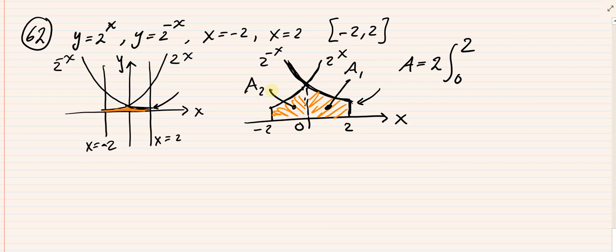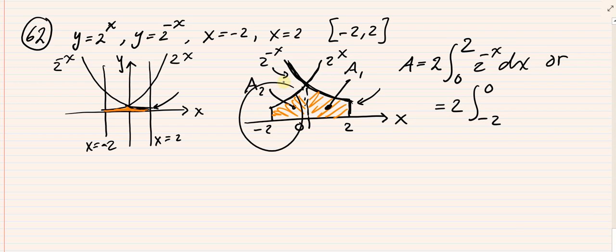Okay. So I'm going to go 0 to 2, but I have to be careful. If I go 0 to 2, then I have to go with 2 to negative x dx. Or if you want, the area is twice the integral from negative 2 to 0 of 2 to the x dx.